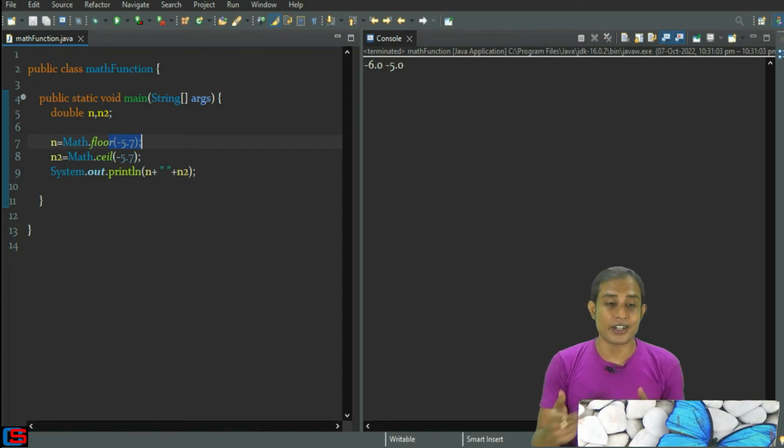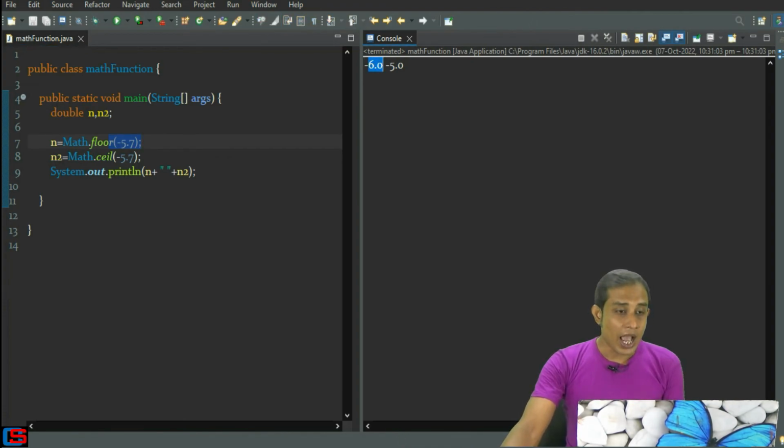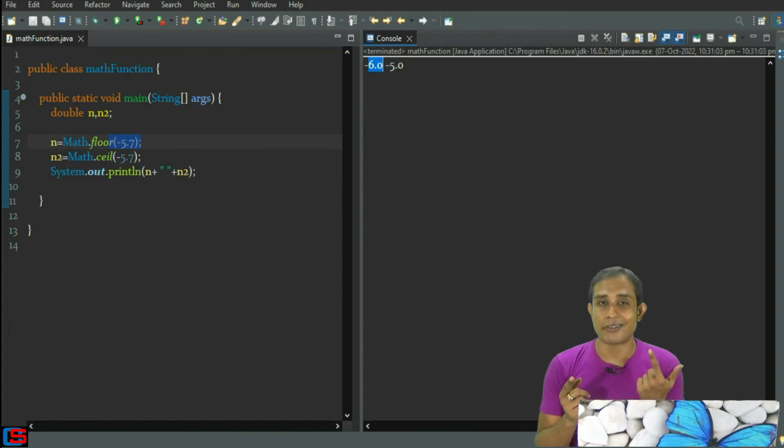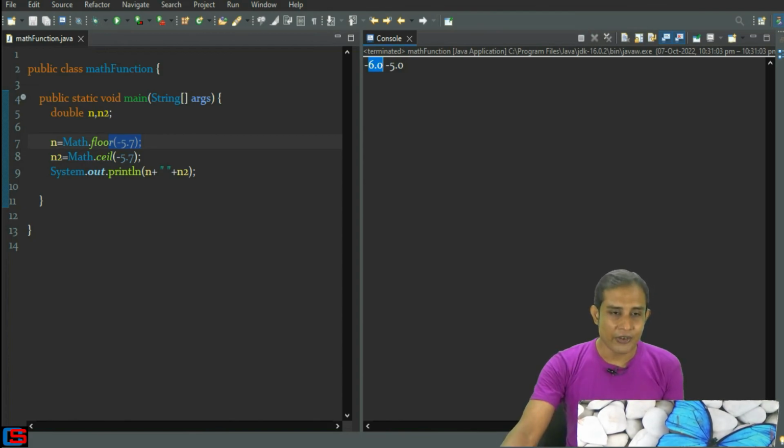For this reason, as the floor function always returns the lesser value, it returns minus 6, okay. And for the ceil function, between minus 5 and minus 6, minus 5 is the greater value than minus 6, and for this reason the ceil function returns minus 5, okay. So this is the basic difference between the floor and ceil functions.